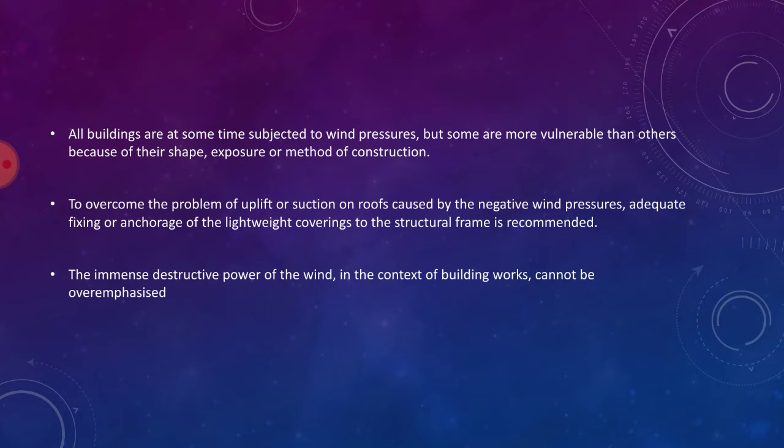All buildings are at some time subjected to wind pressure, but of course, some are more vulnerable, which would take into account their shape and their exposure or method of construction. Their shape, as we mentioned before, some buildings are now being built with a circular shape, which helps to mitigate that wind pressure.